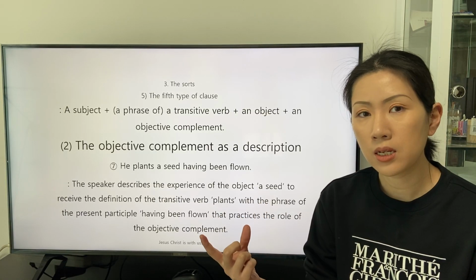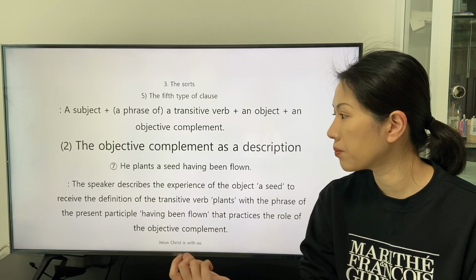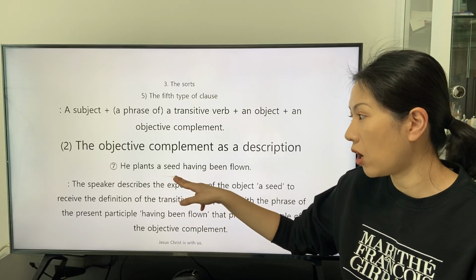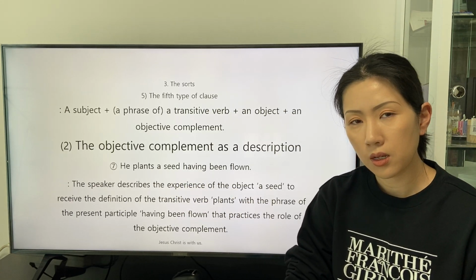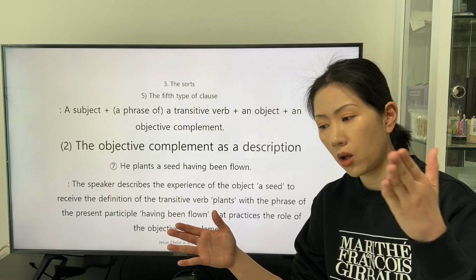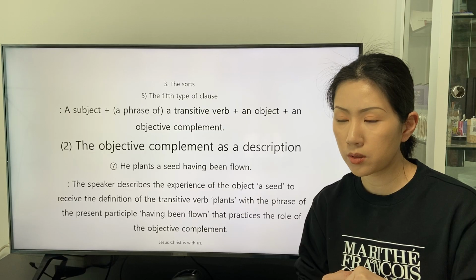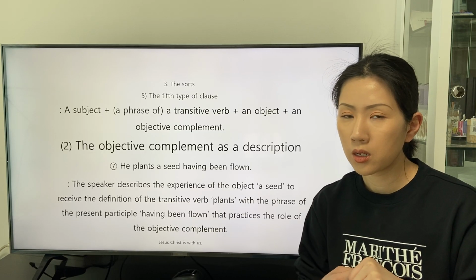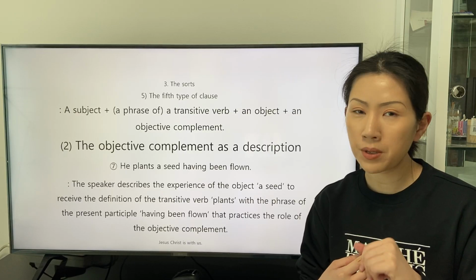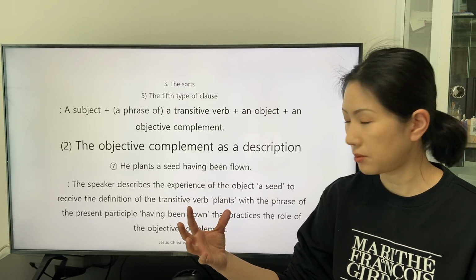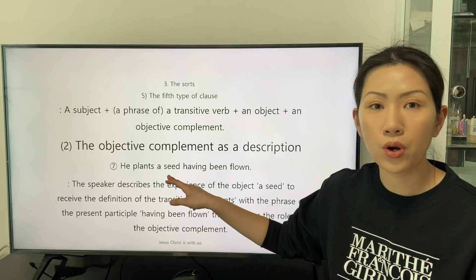And during this period, the object or seed keeps, the object continues being in a state as the time receiver.